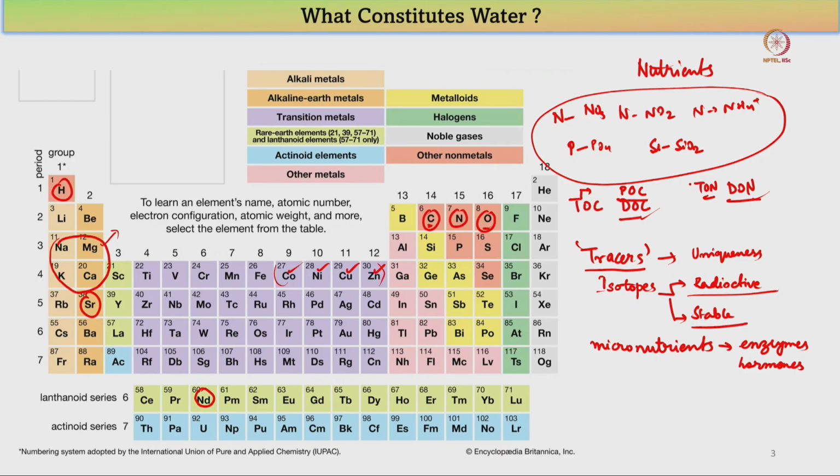Okay. Not only these 4 elements, there are many other elements that I am not pointing out right now, but there is a category of micronutrients. By the nature of these elements, they interact with physiological processes.